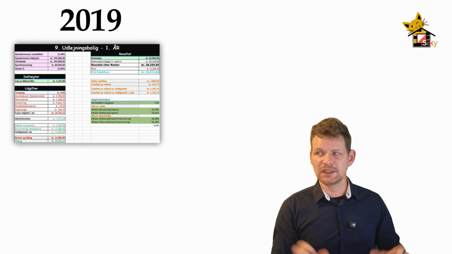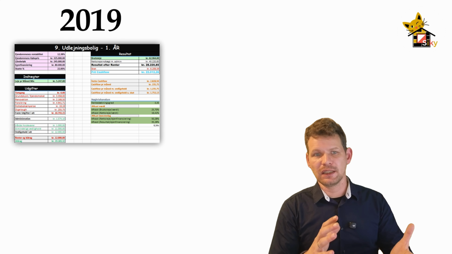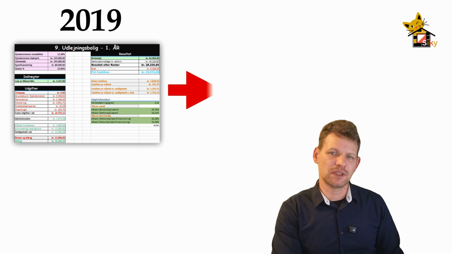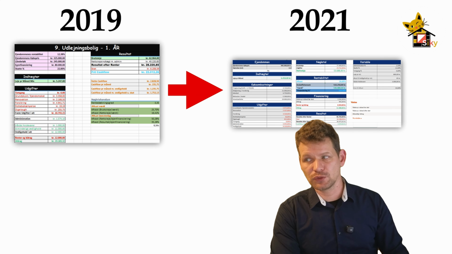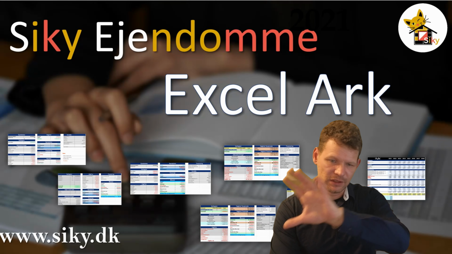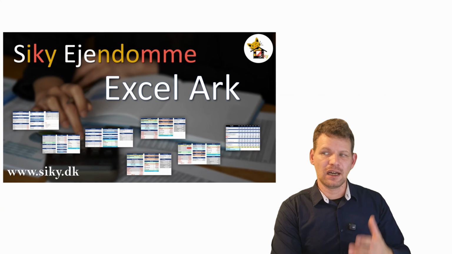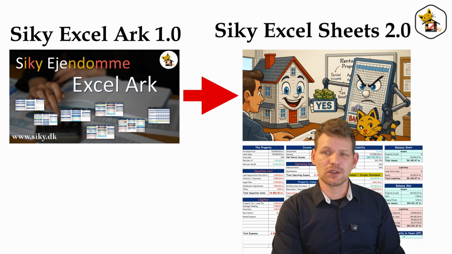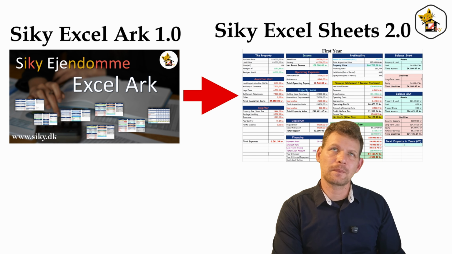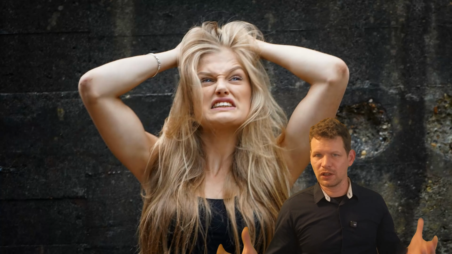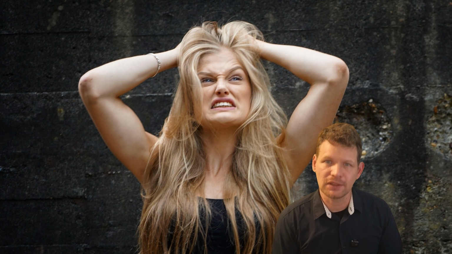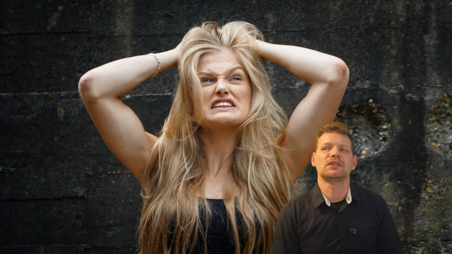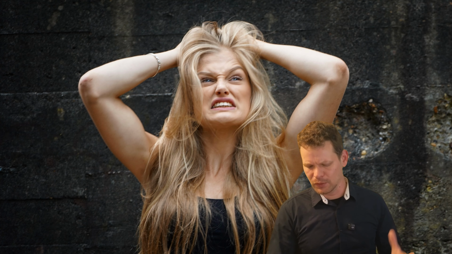So these new spreadsheets are a combination of the first spreadsheet I had in 2019, which I updated in 2021 and created this product from, and I now have upgraded it into 2.0. This is to help with a lot of the frustrations, like not understanding the numbers.